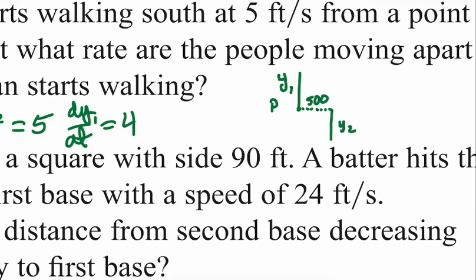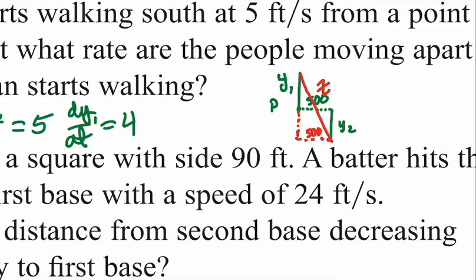Okay. What we're going to do is we're going to force this to be a right triangle. So if we draw this as a right triangle, that's 500. We're just going to call that Z. Do you see how we've got two different sides? That's a constant 500. This is y1 plus y2.